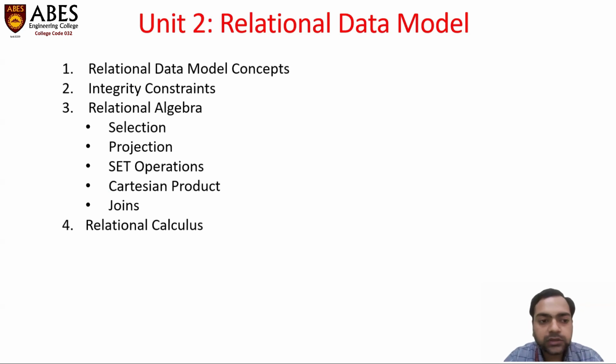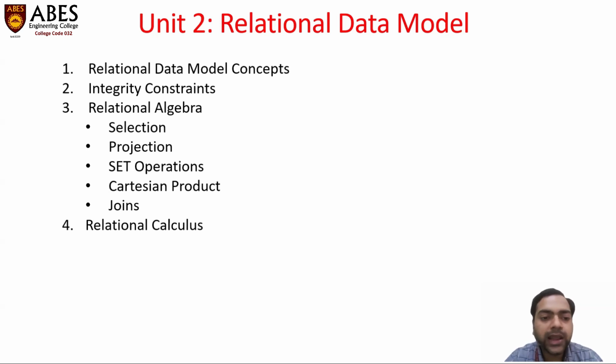After that, we'll discuss different types of integrity constraints. Constraints means some rules to be applied or imposed on the relation. We have three different types of constraints, and we'll discuss them one by one. After that, we'll discuss query language. Query language stands for how to fetch or retrieve the data from the relations.